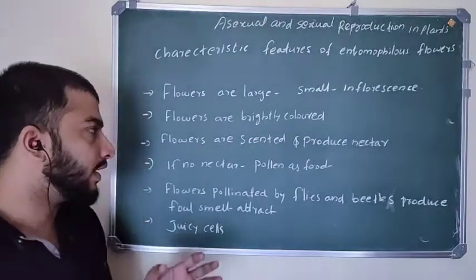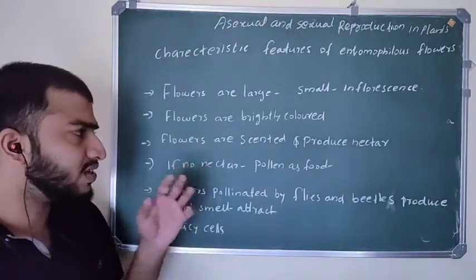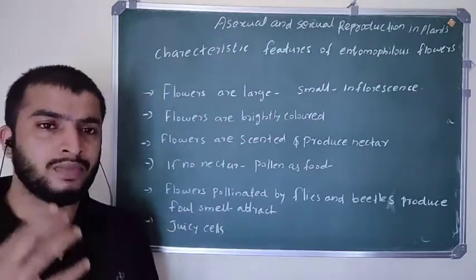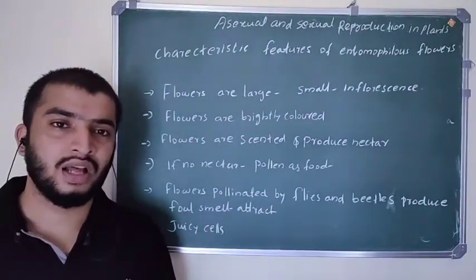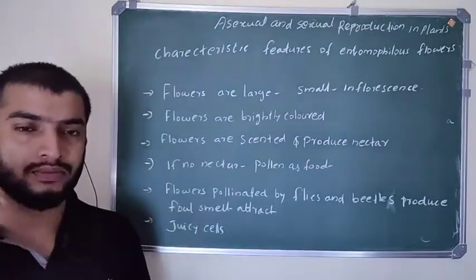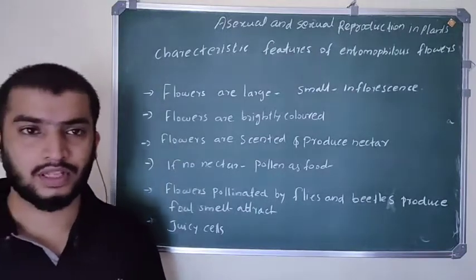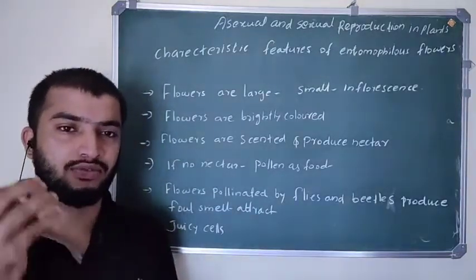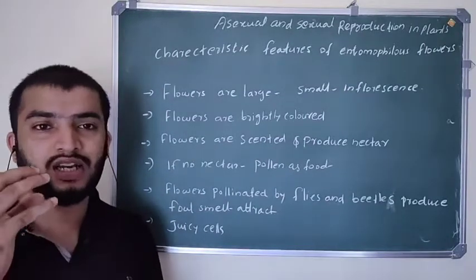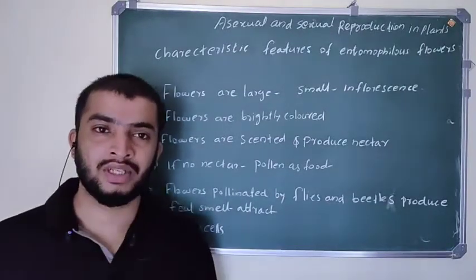Then the flowers are scented and produce nectar. The flowers have a good smell and they produce nectar, and this nectar is like a reward for insects, which use nectar as food.